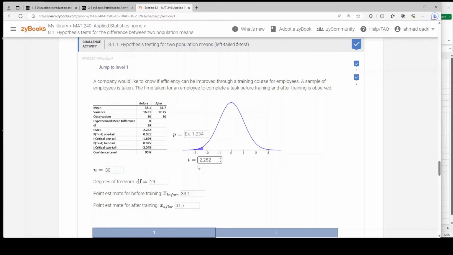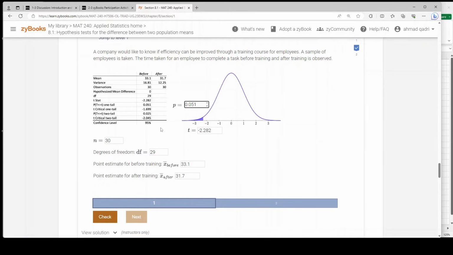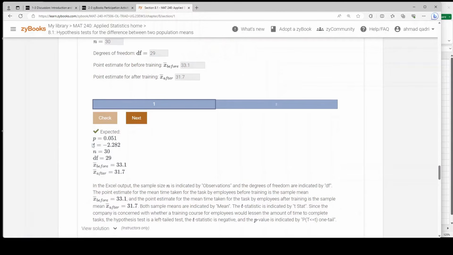And the p-value, so we are shown probability of t less than equal to t, one tail and two tail here. So we need to use the one tail p-value. So the one tail p-value is 0.051. Okay, so that answers all of the questions, and so let's check the answers, and those are the correct answers.